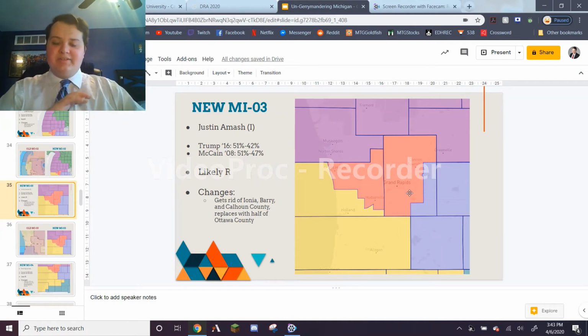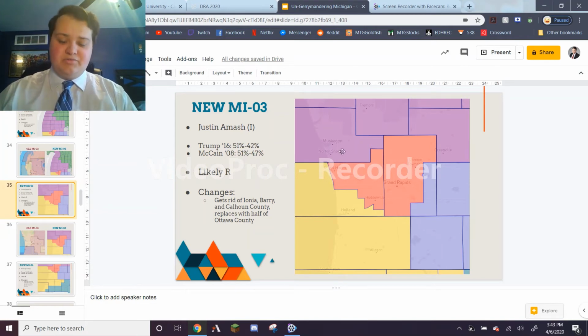I think there were both things happening at once, and that's why overall the district remained fairly consistent over the course of 8 years, when no other districts in the state remained that consistent. This is probably a likely Republican district.